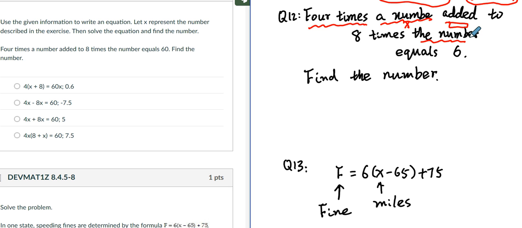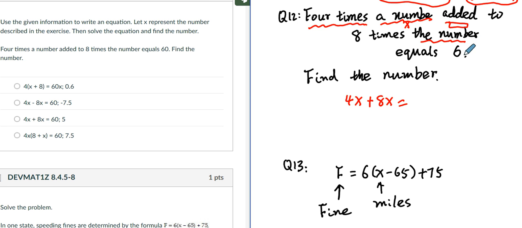So then you do 4 times a number, you use x to stand for that number. That will be 4x, added to 8 times the number. So 8 times the number, 8x, equals 60.